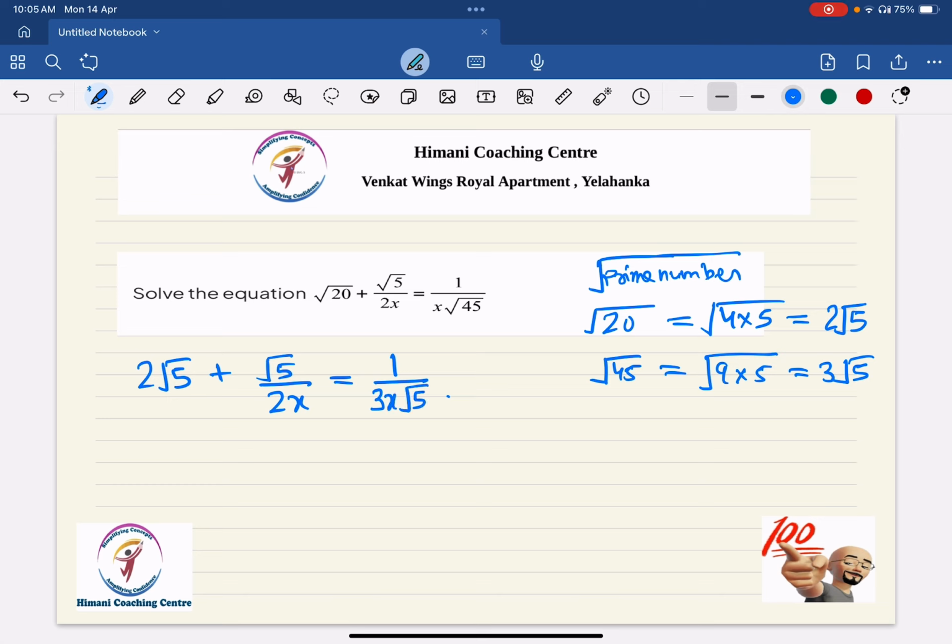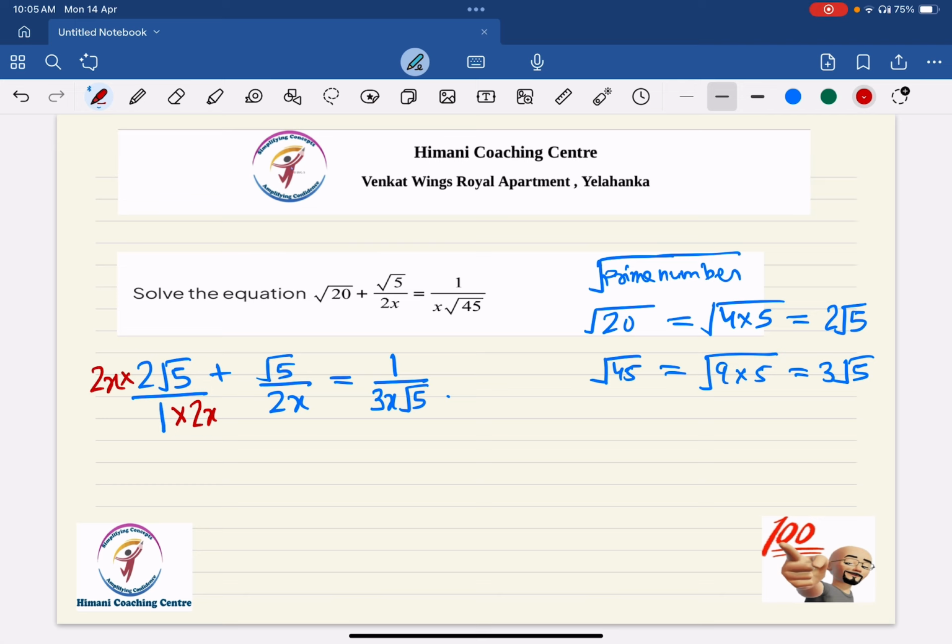Once we do this, now we have got simplified form, and now we will take LCM on both sides. These are unlike fractions, I need to multiply this with 2x, so I have to do the same here.